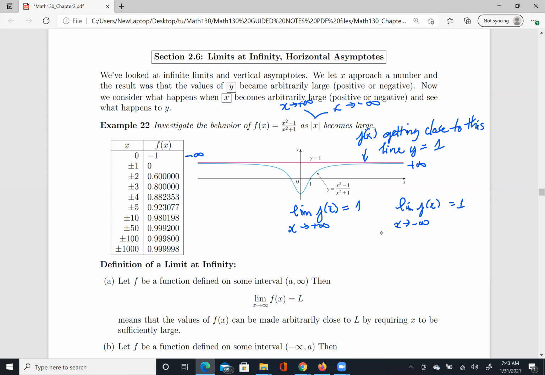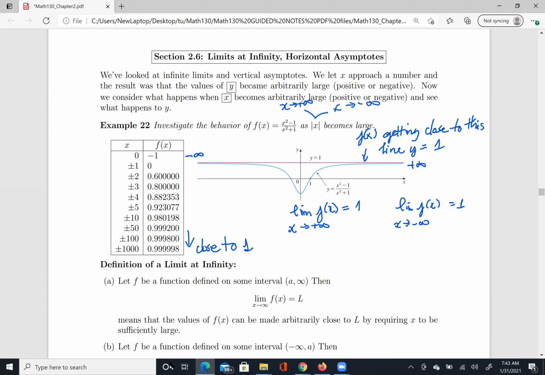Positive and negative 3 will give you 0.8, and it keeps going. When x gets to bigger and bigger numbers, arbitrarily large, such as negative 1000 or positive 1000, f(x) will be 0.9999 something, which is close to 1. See that?